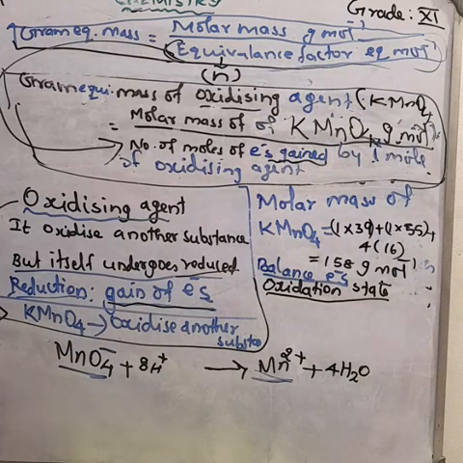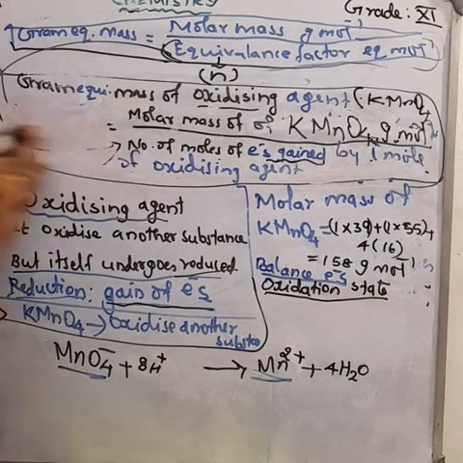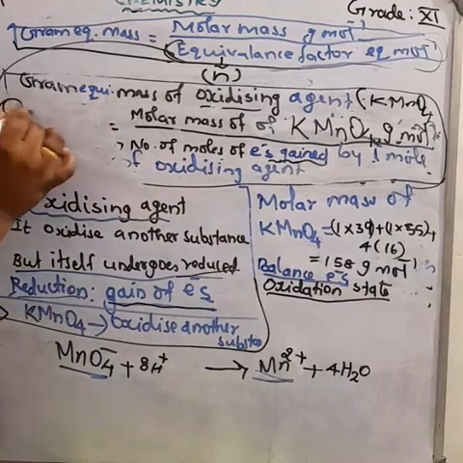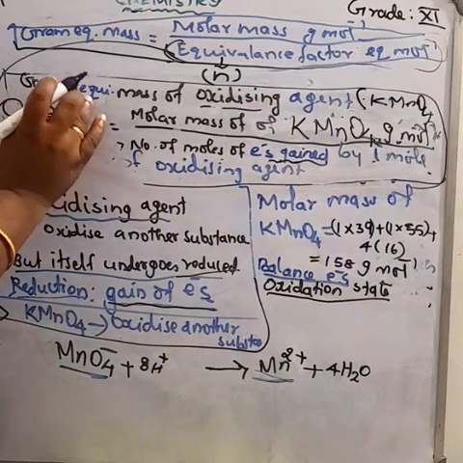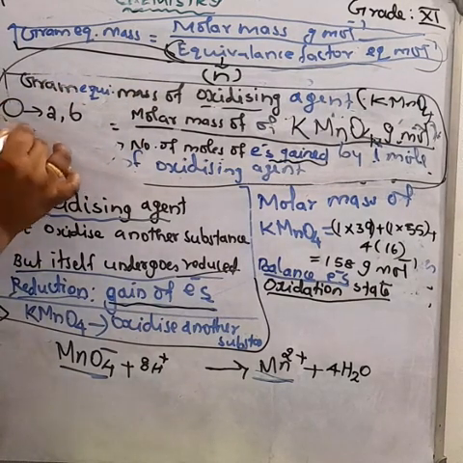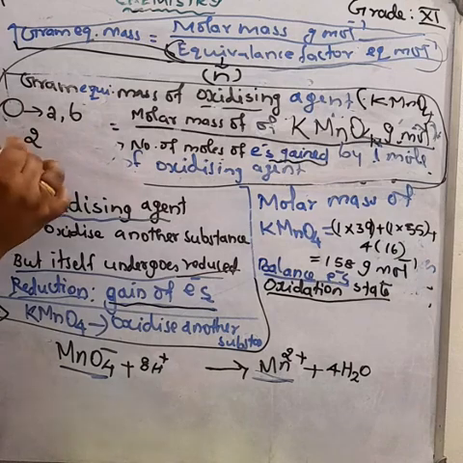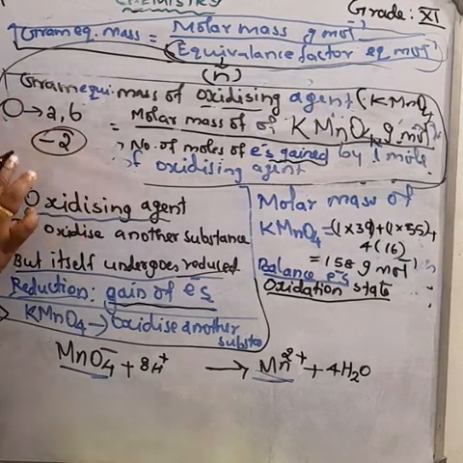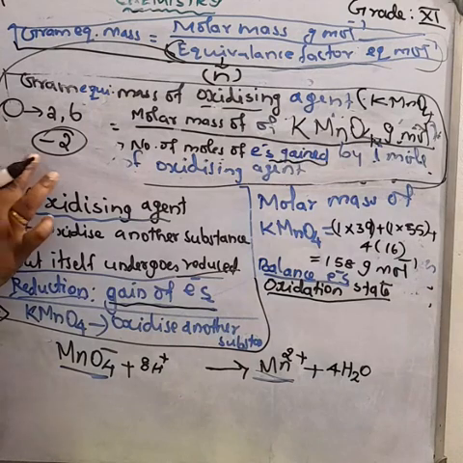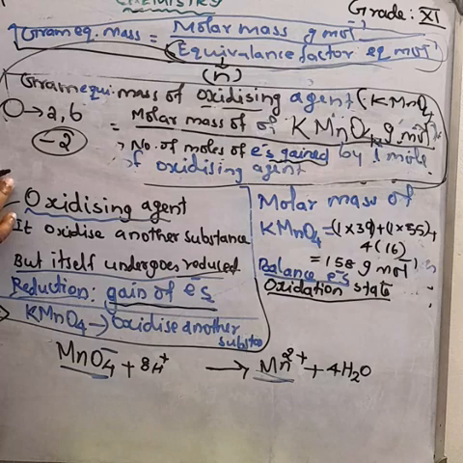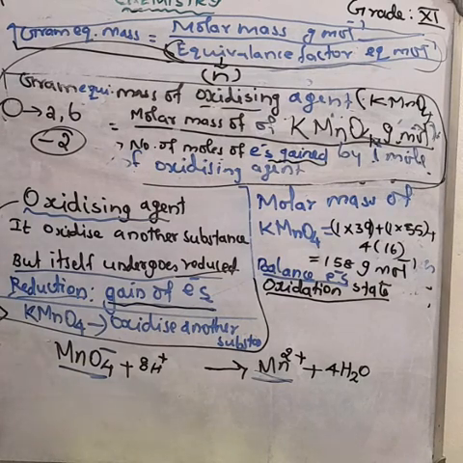Oxygen has atomic number 8, so its electronic configuration is 2,6. To attain a stable configuration, oxygen always gains 2 electrons, so its valence here is 2. The oxidation state of oxygen is minus 2, because it always gains electrons, so it has 2 extra electrons.